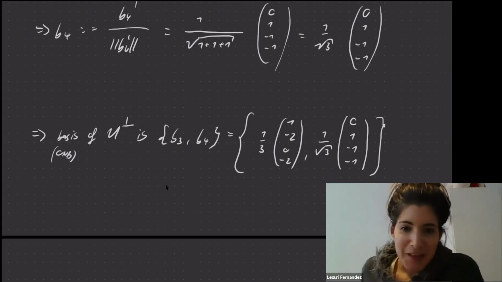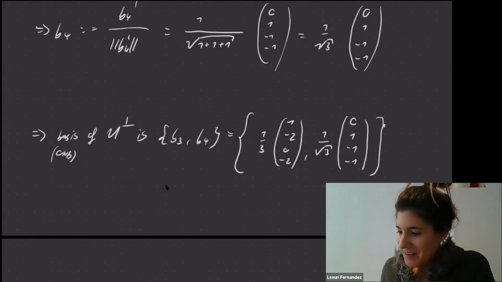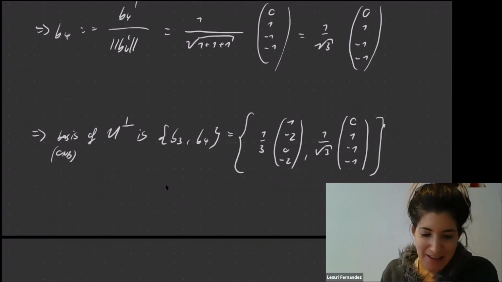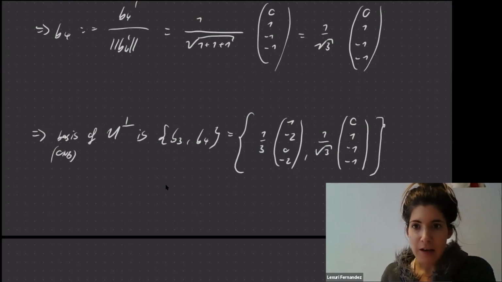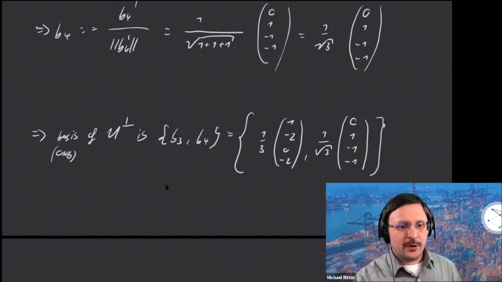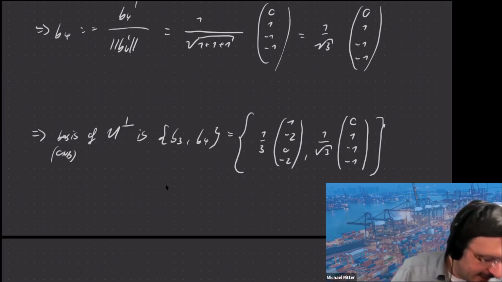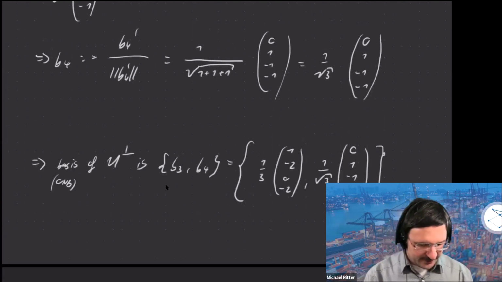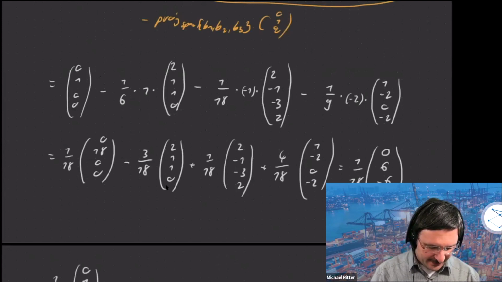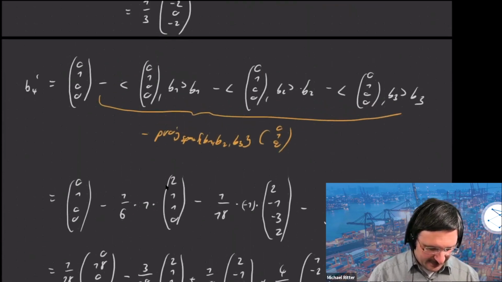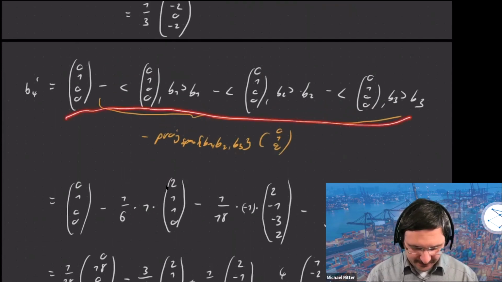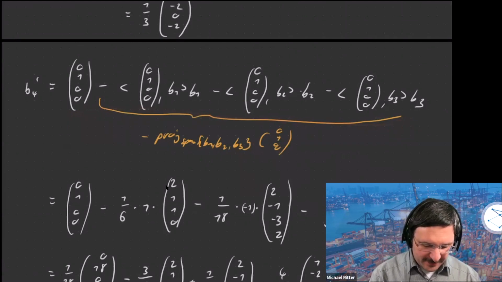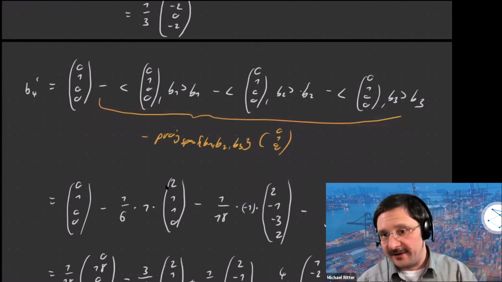Yeah, but I'm going to start with a question myself: the statement of the exercise says just the basis of U orthogonal. So it wouldn't be necessary to normalize. It would not be necessary to normalize, strictly speaking. However, for the computation of B4 prime, for this step to work, we need an orthonormal basis for the space that we have before.